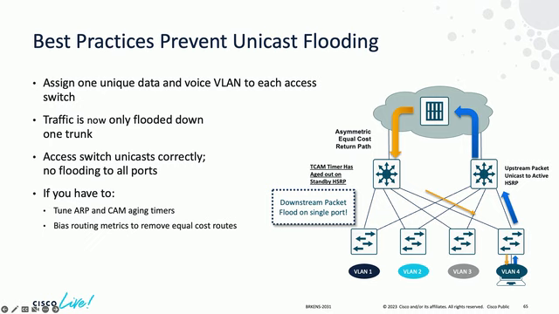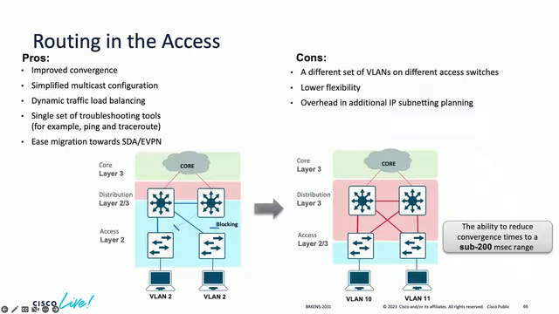So this rule of VLAN equals access device equals subnet has a lot of nice benefits on multiple levels. And if we follow this method, migration towards the routed access concept becomes extremely easy.